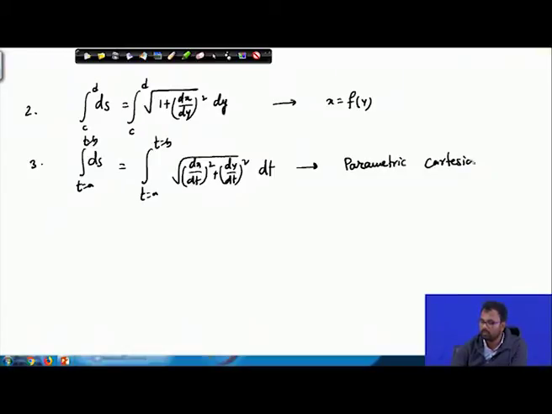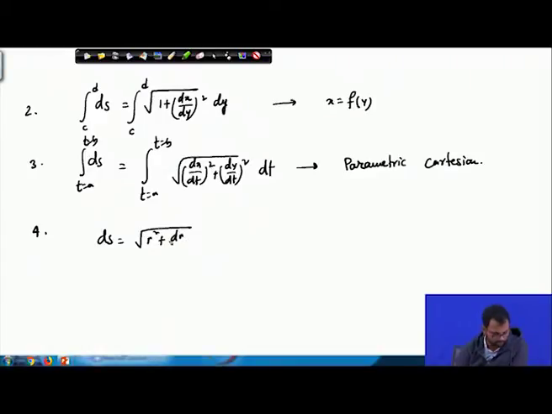And the last form, the fourth form, will be for the polar one. So if we have ds, then we know that ds square equals r square d theta square plus dr square.